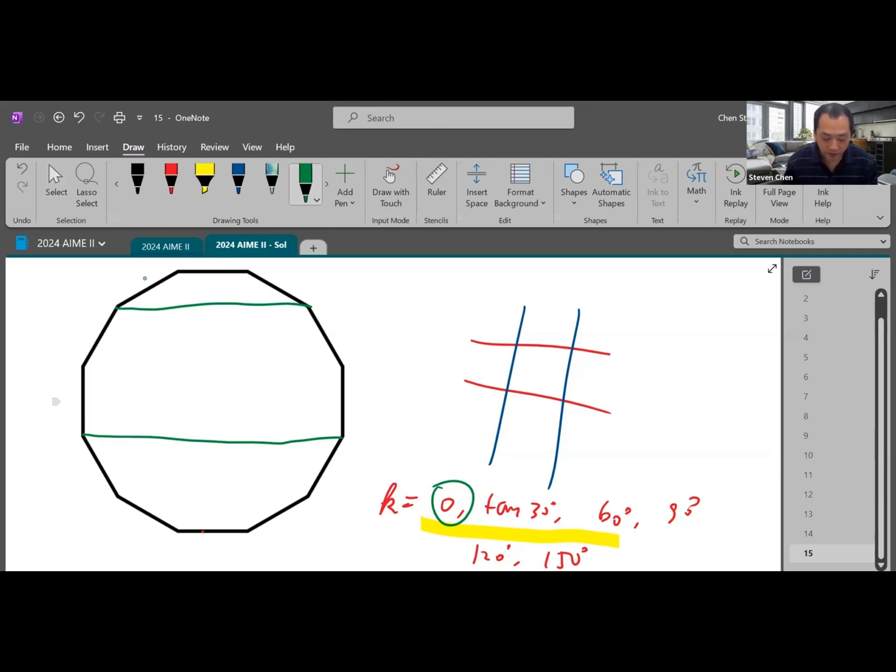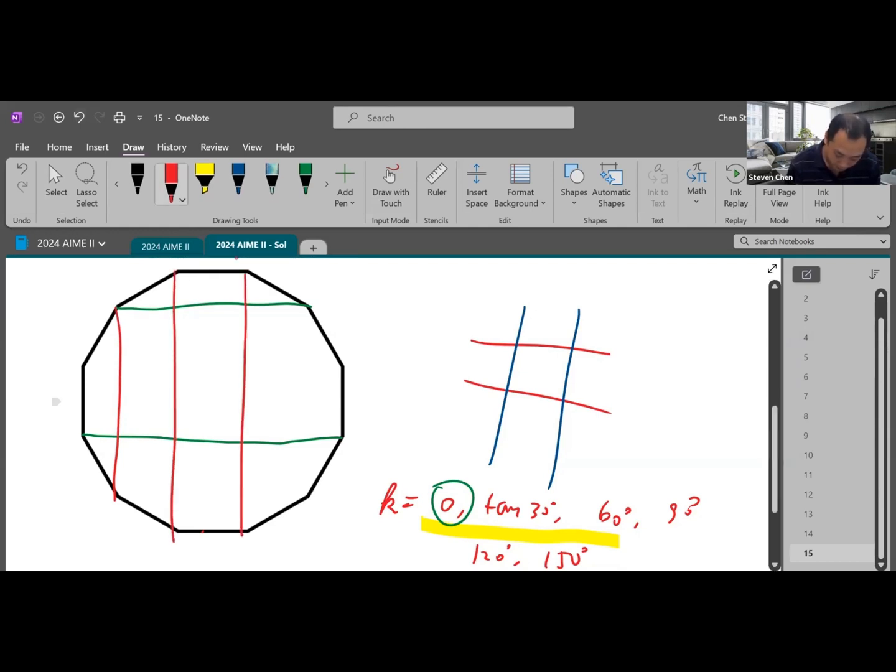Although in this 12-gon we have 6 vertical lines, we cannot select all of them. Why? Because, for instance, if we select the leftmost one, we can't get a rectangle inside the 12-gon. It's not good. So what are possible vertical lines? It must be this one. Right?